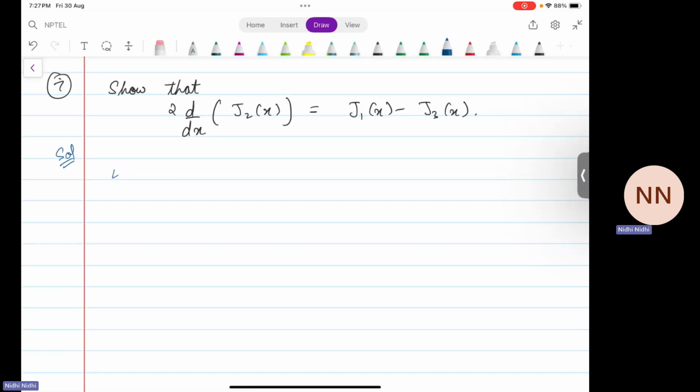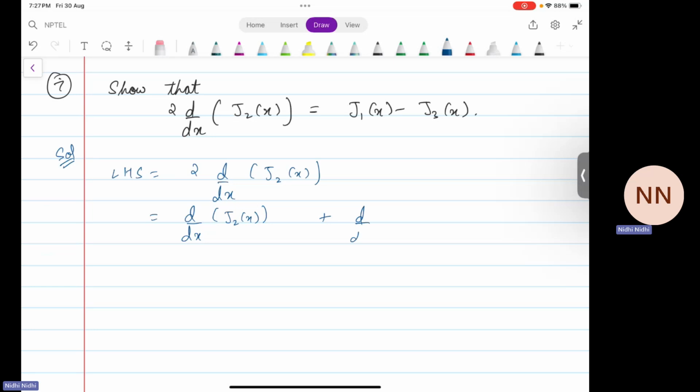We have the left hand side 2 d by dx J2 of x. It can be written as d by dx J2 of x plus d by dx J2 of x, because on the right hand side we need J1 and J3. That means we are decreasing the value of n as well as increasing the values of n. So we'll just split this into two parts and use both the recursive formulas simultaneously.